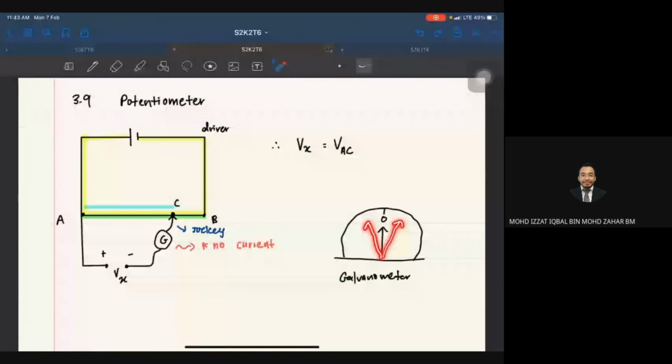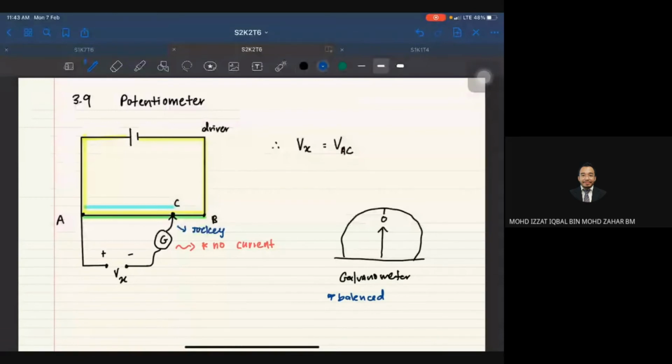So the term yang dipakai bila dia kata balance, okay, balance yang digunakan tu referring to balance galvanometer. It means that the galvanometer is pointing at the zero. So pointing at the zero means the current there is equal to zero.